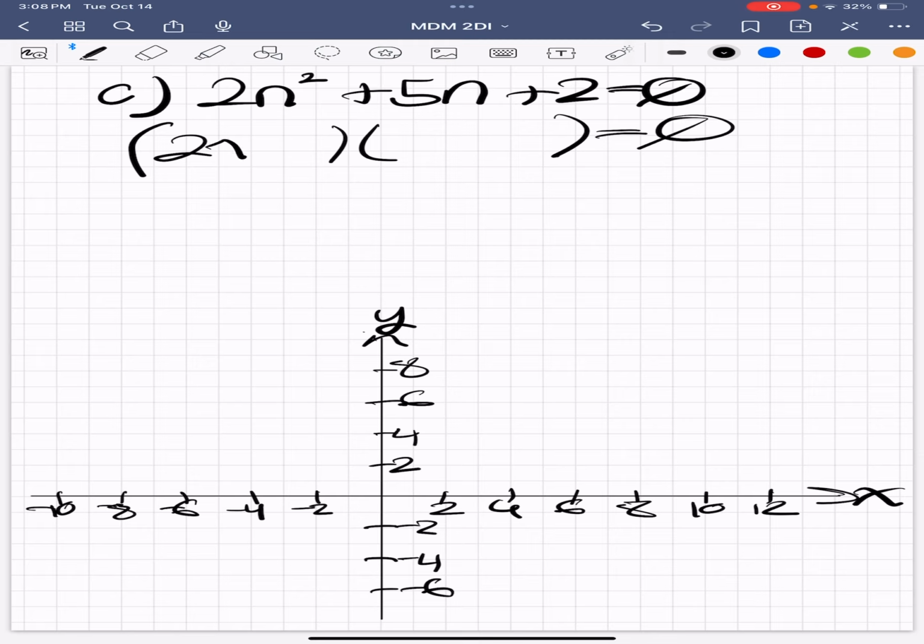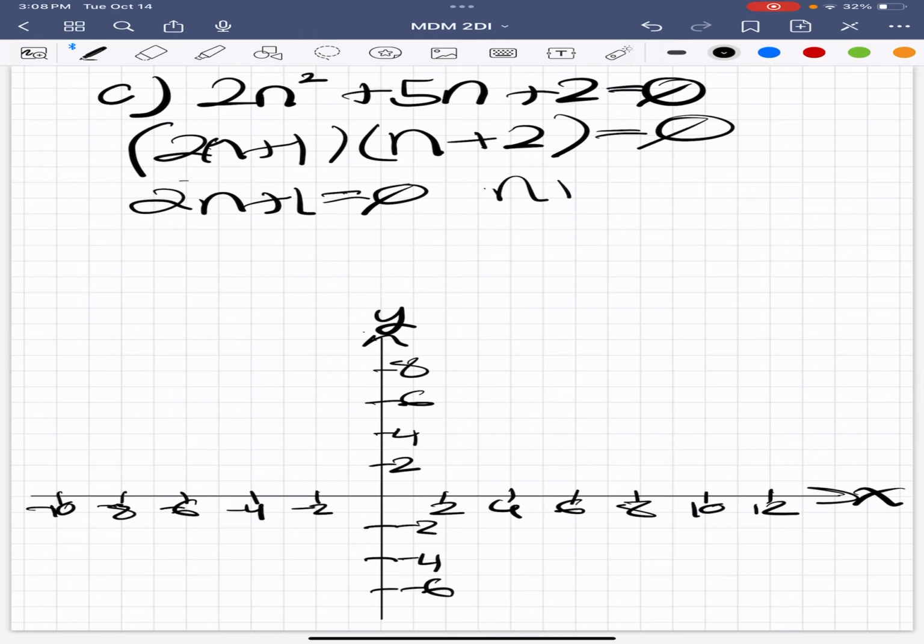We have 2n, then just n, and then we have plus 2 plus 1. So we have 2n^2 plus 4n plus 5n plus 2. So that being said, 2n plus 1 equals 0, and then n plus 2 equals 0 as well.